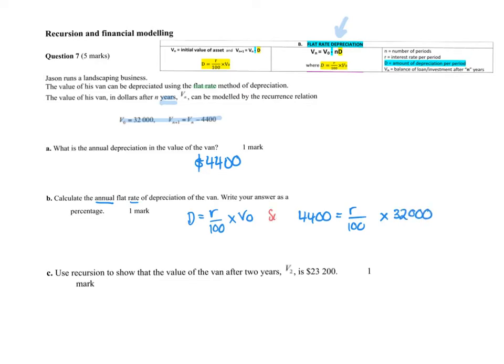So you can use this and do solve, comma R if you wish, and we will work out that the rate is 13.75%.